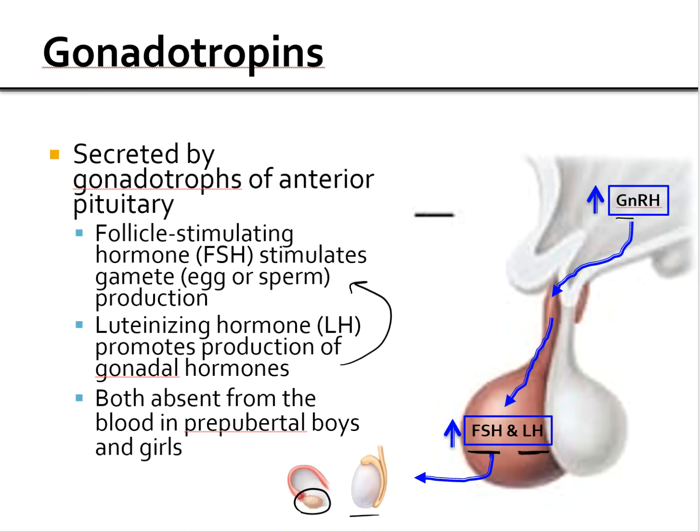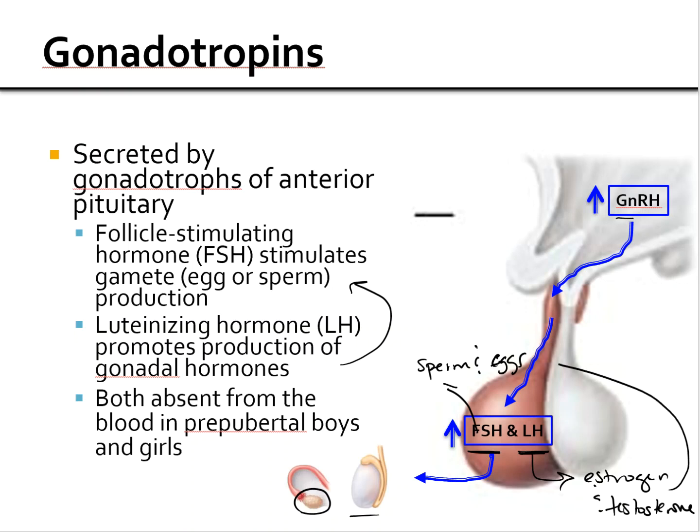So if FSH is sperm and eggs, LH would be estrogen and testosterone. However, both of those are required for that, so it's a weird case of one depending on the other.